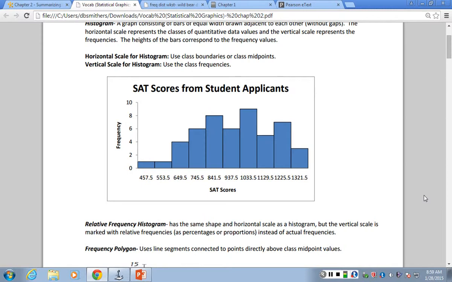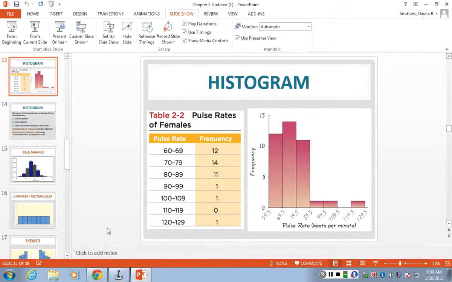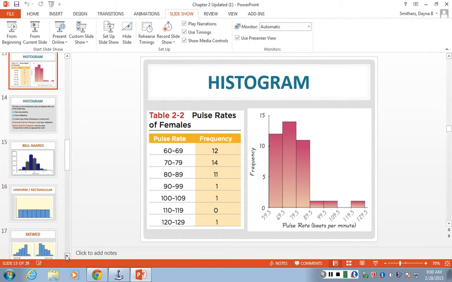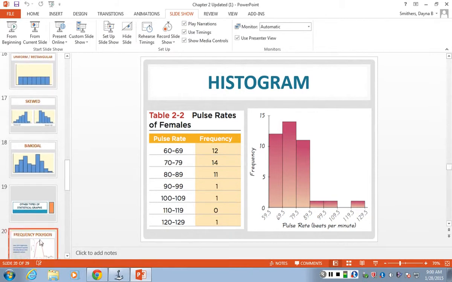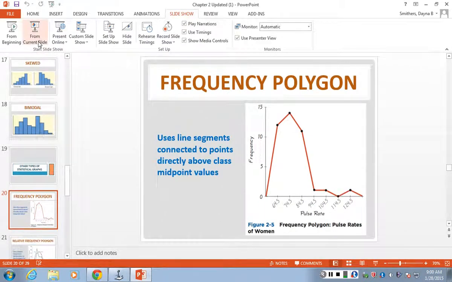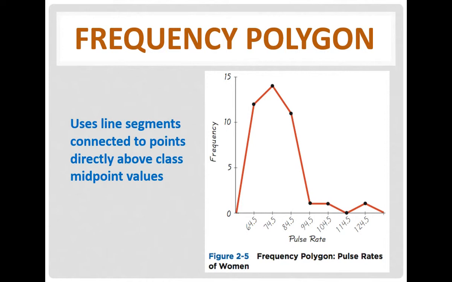So let's now go to the next one. Let me just jump down a little bit in the PowerPoint. We just did this last class. Here we go. A frequency polygon. In a frequency polygon, you use line segments connected to points directly above your class midpoint values.